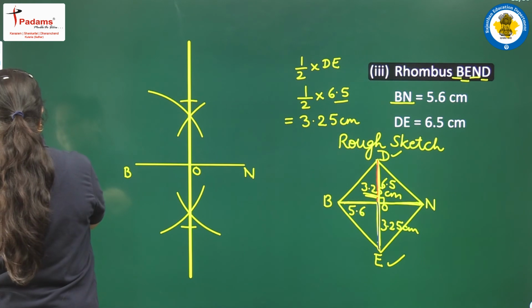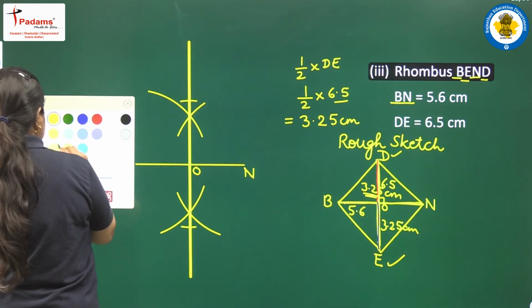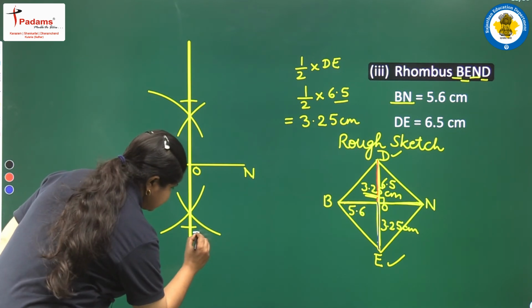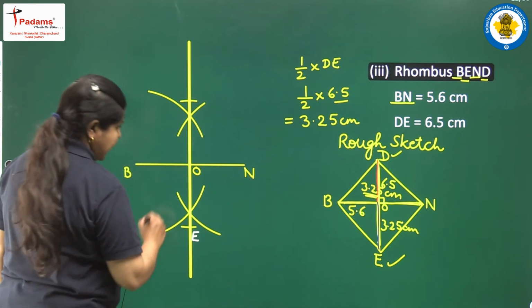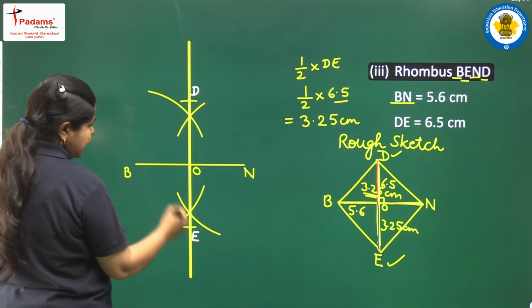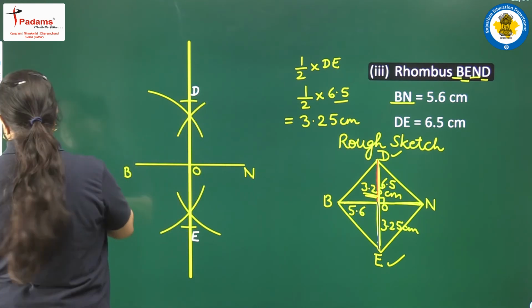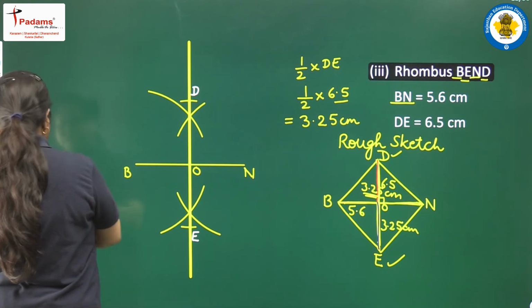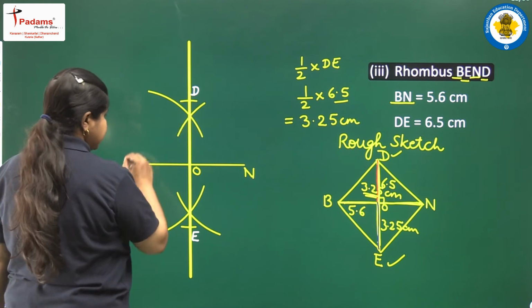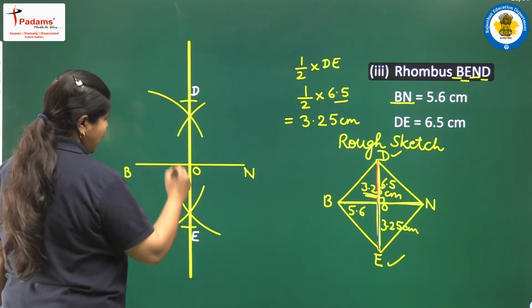Let me name them with some other color so that you can easily identify. This one is E and this one is D. Now you can easily see B, E and D is the required quadrilateral, or rhombus in this case. Now simply we need to join these 4 points.